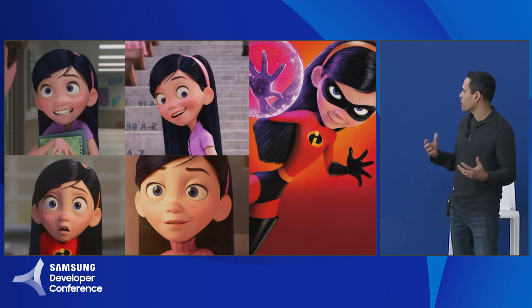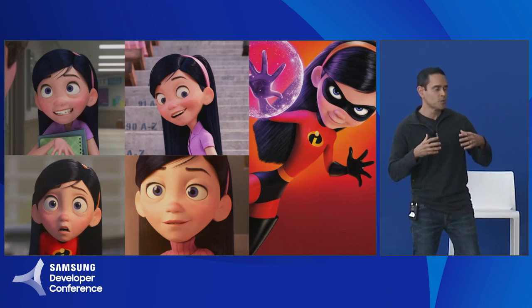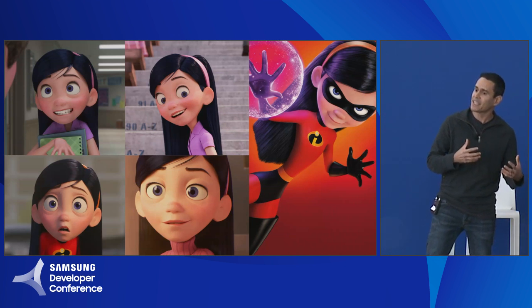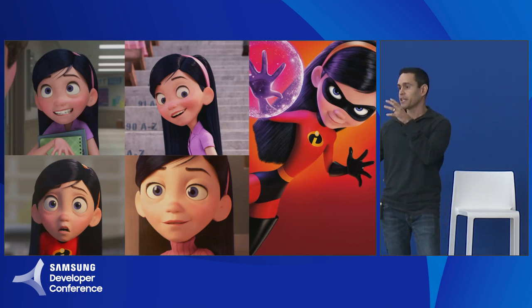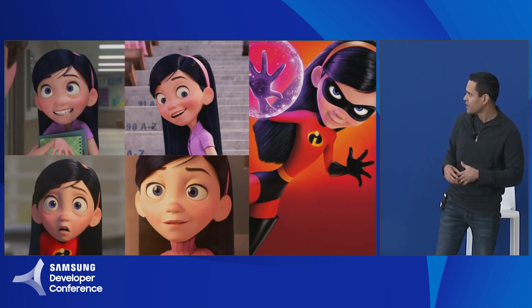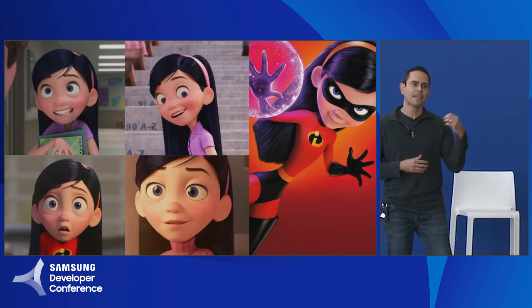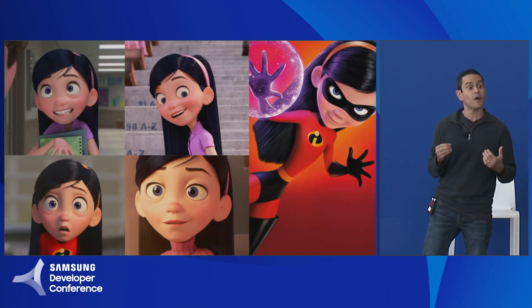So after we've modeled the character, we need to look at the platform and see what expressions the platform needs, and then match those emotions to the expressions of the character, right? Here we're studying Violet, understanding the subtlety in her expression, looking at all the nuances.